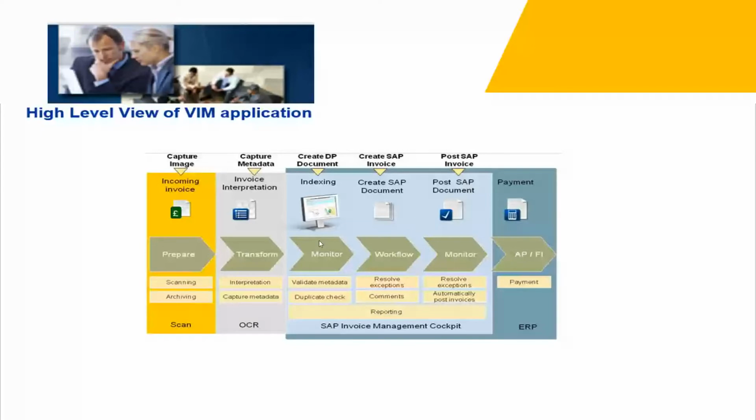If the system doesn't find anything for a particular field, it presumes some data should be correct for this field, but in reality it is not. So the indexer has to validate all the data that is populated automatically through the OCR technology.